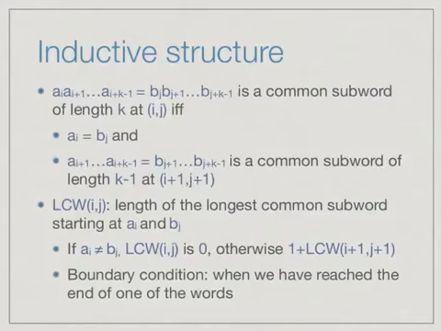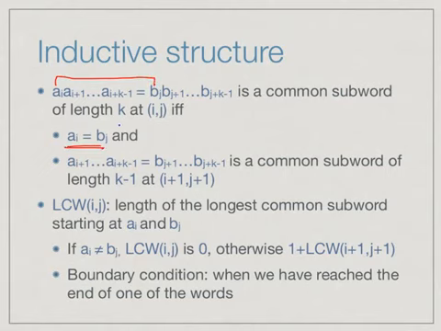So what is the inductive structure? Well, we have already kind of seen it. When can we say that there is a common subword starting at ij of length k? Well, the first thing is that we need a_i to be the same as b_j. So I need this condition.